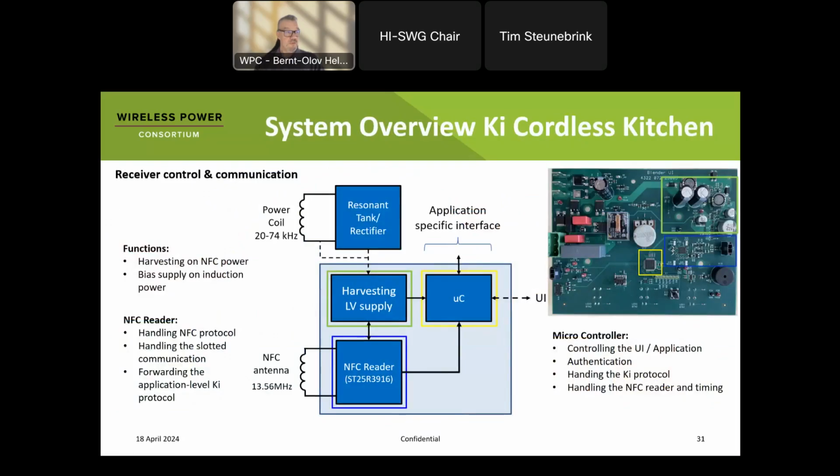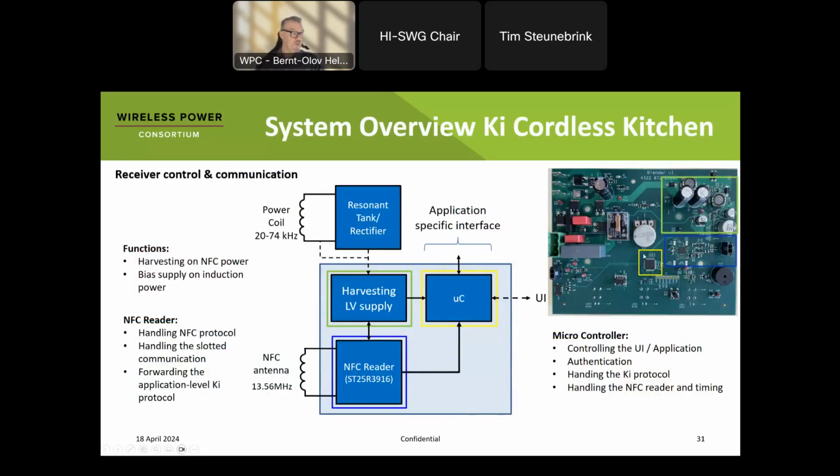Moving into more details, the green area on top here contains the energy harvesting block. We also have the microcontroller down here. We have the NFC here, and that is where we communicate, get the power, all those things.